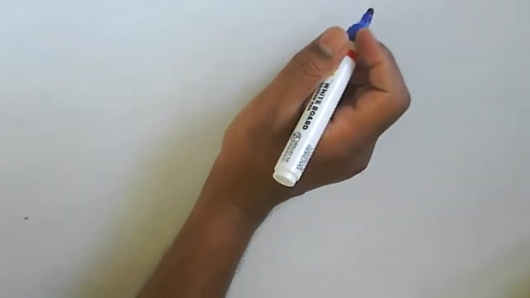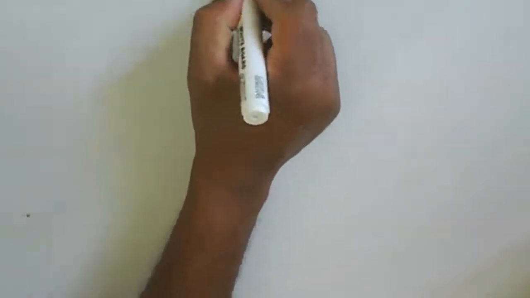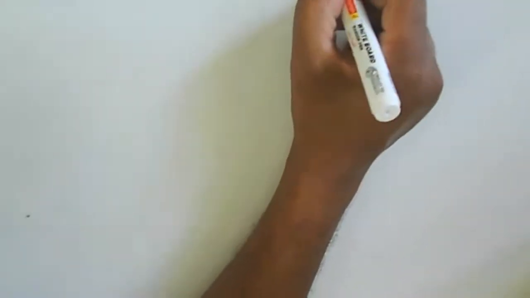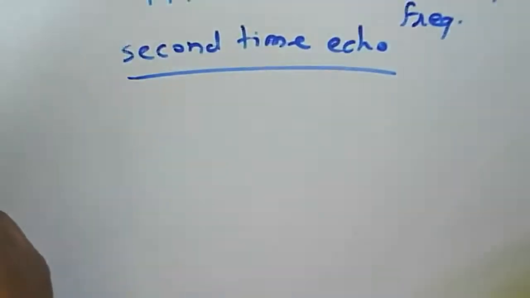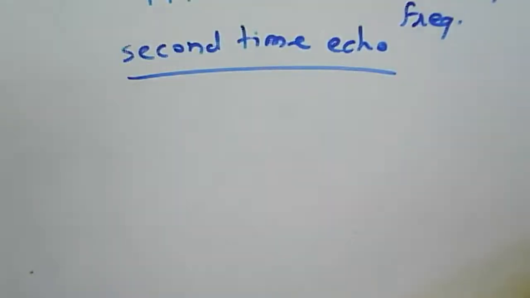If you consider a composite response, then in that case what happened? It is not able to cancel the second time echo. Whatever the second time around echoes from the clutter, that will not be cancelled here.